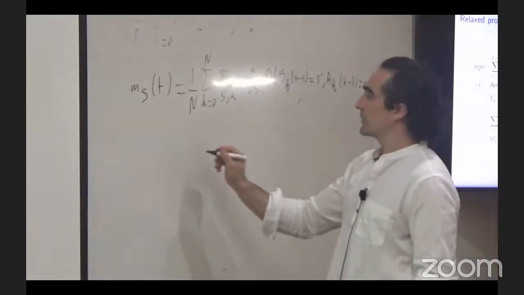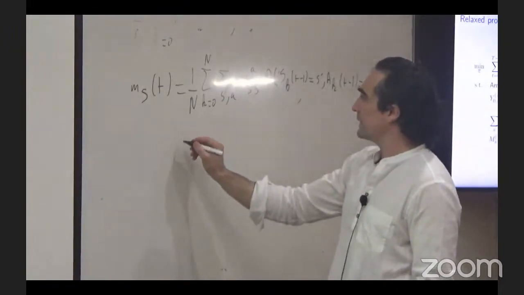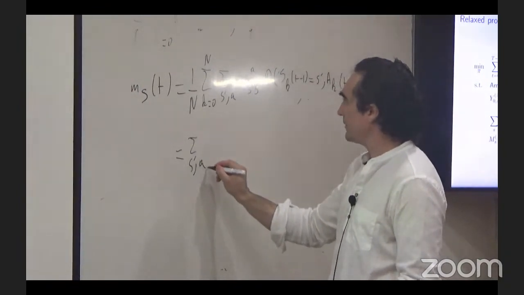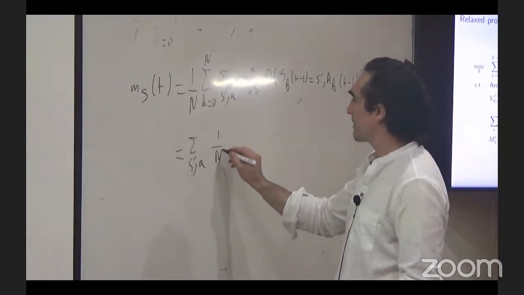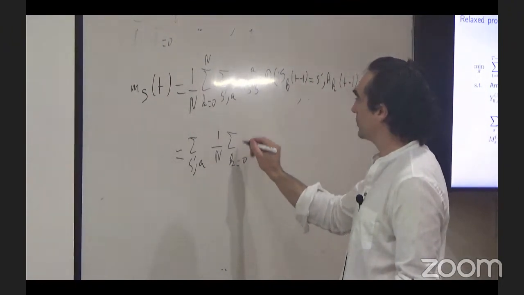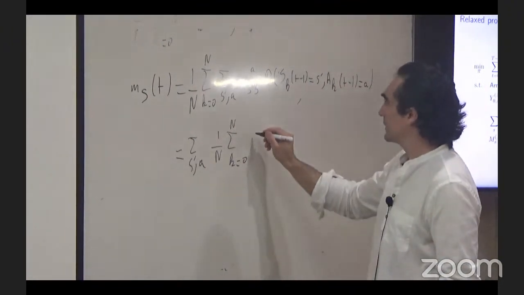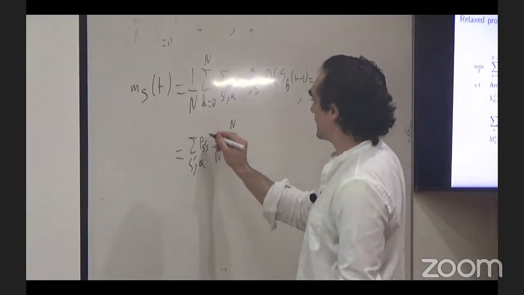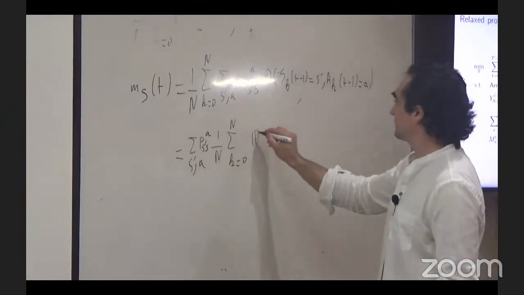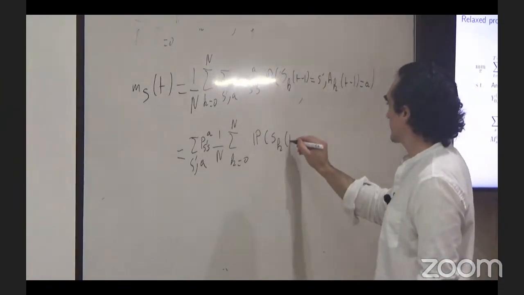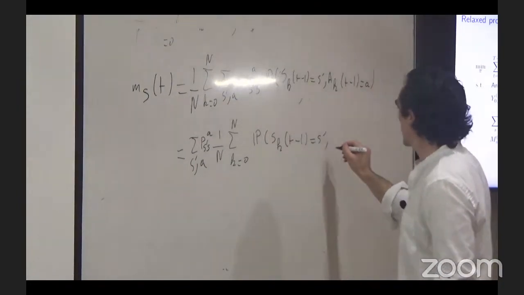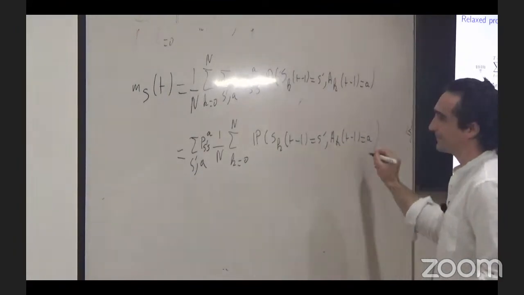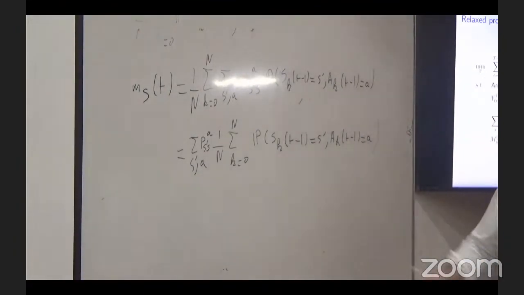And you can just invert these two sums, right? And it's just summation over s prime a, 1 over n, summation over k equals 0 to n of this. Right? I just inverted the sum, right?